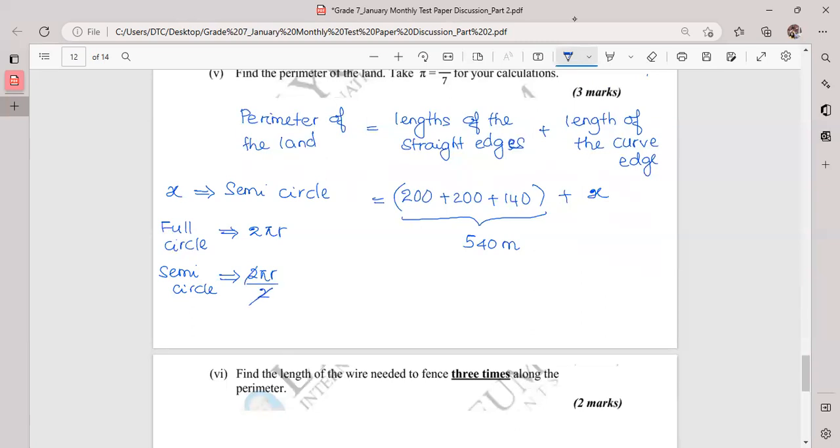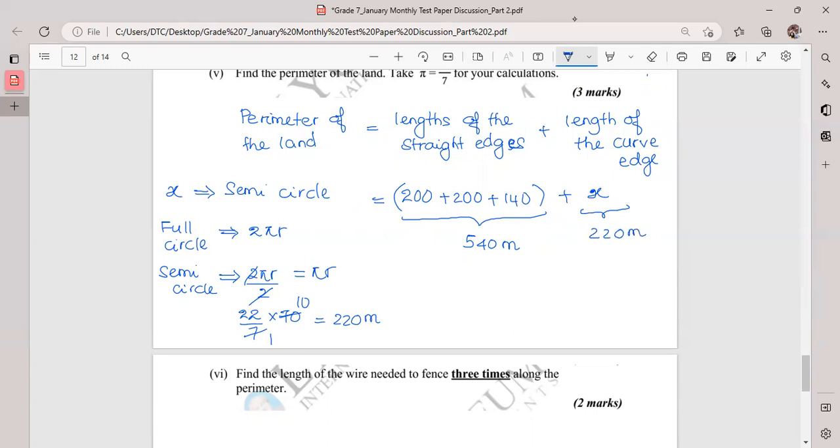So 2 and 2 cancel, and the semicircle calculation will be πr, right? So π is 22 over 7 and r is 70. 7 times 1 and 7 times 10. So this becomes 220 meters. So here X will be 220 meters, right?